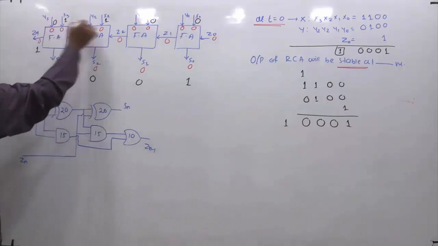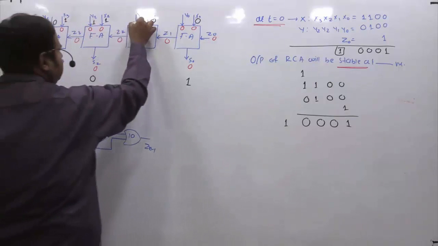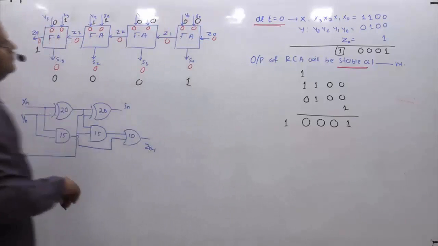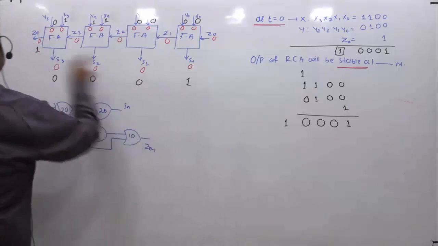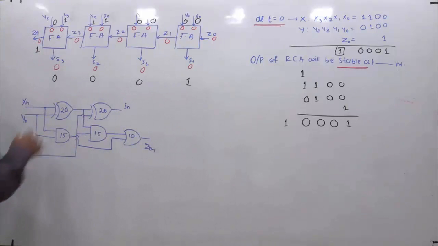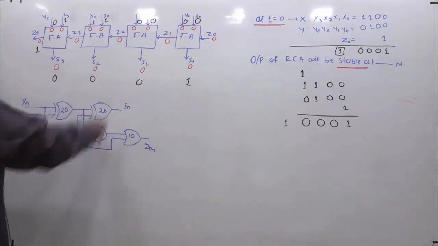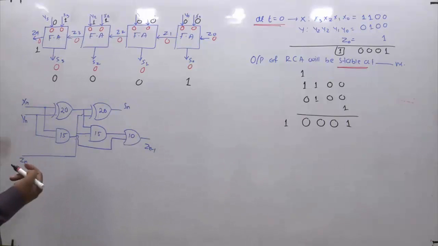So the inputs are changing to these values, 1 1 0 0 and 0 1 0 0, at t equal to 0, and my final expected output is these things, right? You make a comparison. The red pens are the initial state, and your final destination is these bits you should get.